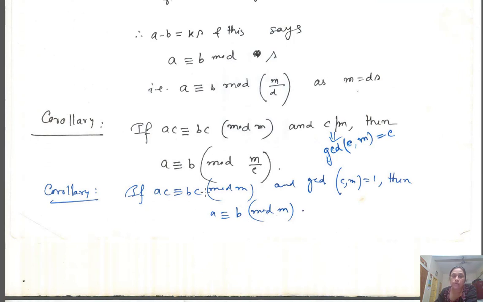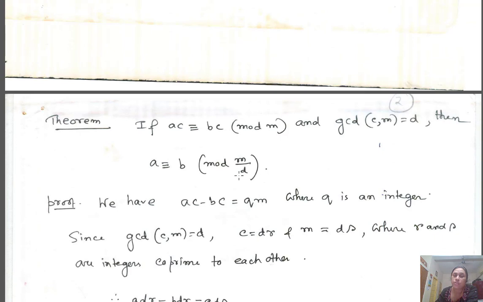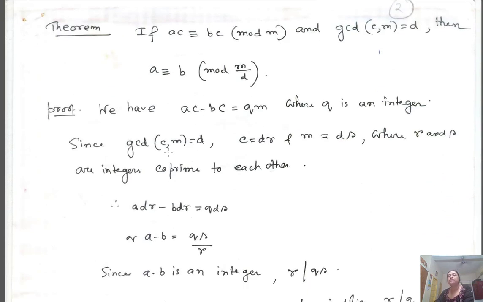Okay, so if AC is congruent to BC modulo M, and M and C are co-prime, then in that case you can cancel out C. And if AC is congruent to BC modulo M and C divides M, when C is sitting inside M as a factor, then in that case this relation implies A is congruent to B modulo M over C. Both of these follow from this theorem.